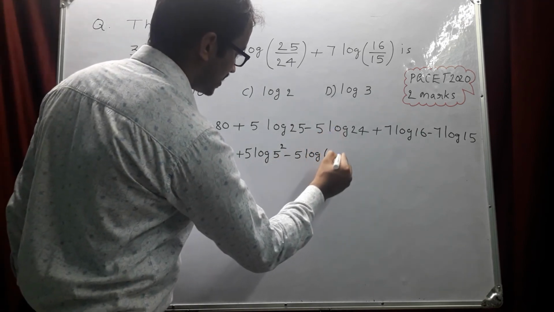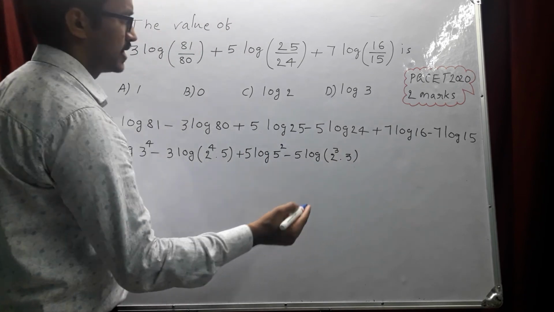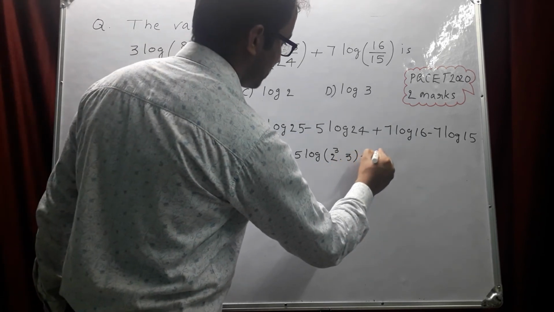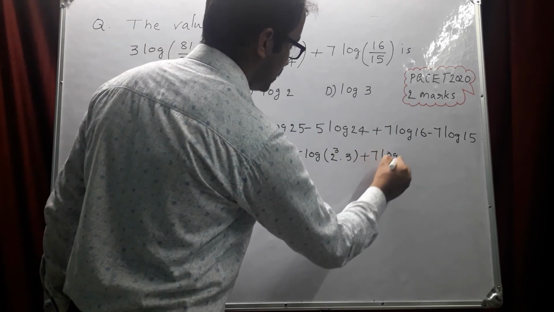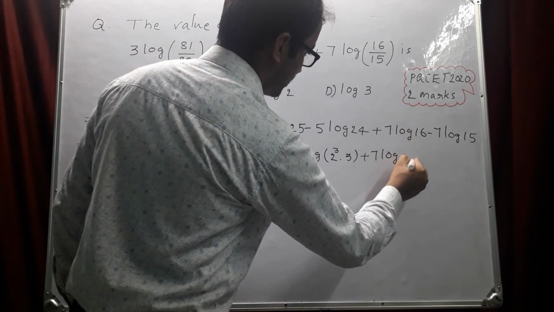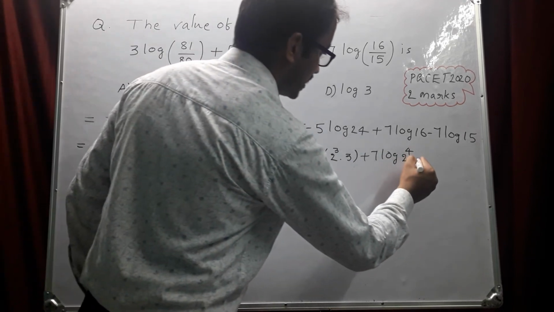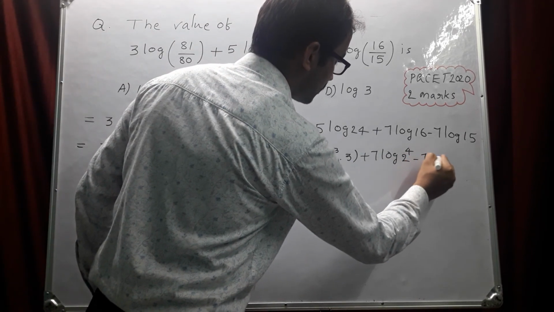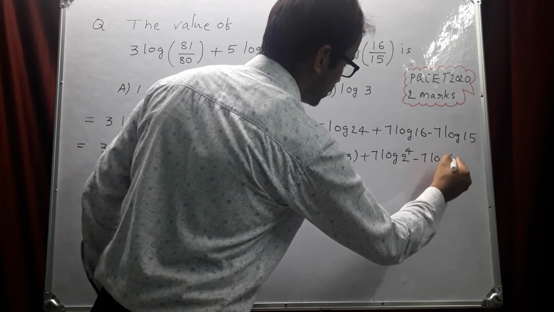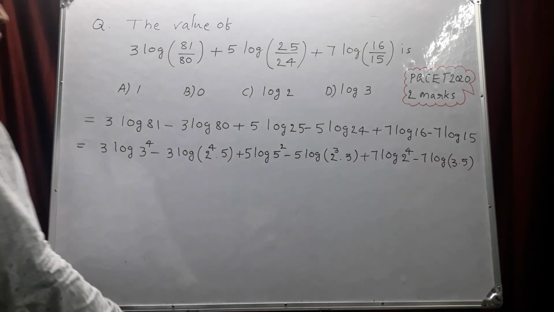So 8 can be written as 2 cube into 3, plus 7 log 16. Again 16 can be written as 2 power 4, minus 7 log 15. We know that 3 5s are 15.